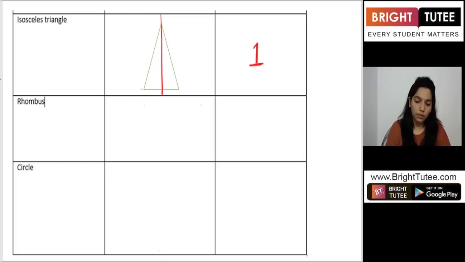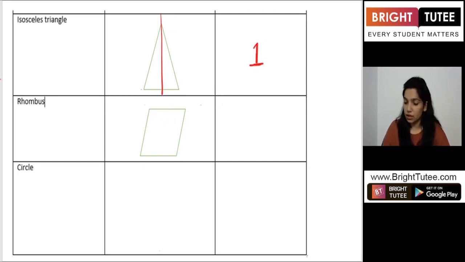Moving to the rhombus. I hope you remember what a rhombus is. A rhombus is a shape which is kind of a squashed square, right? Even though it has all the sides equal, we cannot draw some of the lines of symmetry. You can try this yourself.